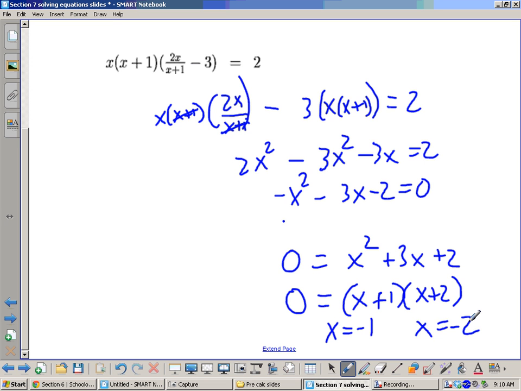This is an example of where we need to check our work. x equals -1, if I put it up here in the original problem, there was an x plus 1 in the denominator, that'll make that an undefined function because you cannot divide by 0. So this is going to be a situation where we have an answer that doesn't work, and x equals -2 does work in the original problem, and it doesn't make it undefined. So x equals -2 would be the only solution.